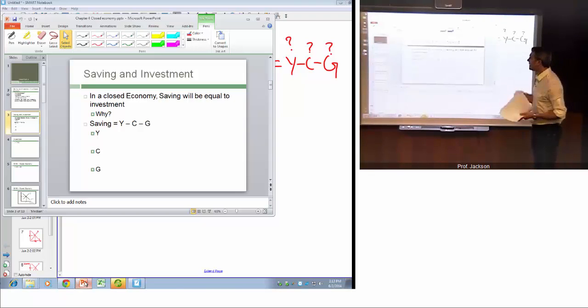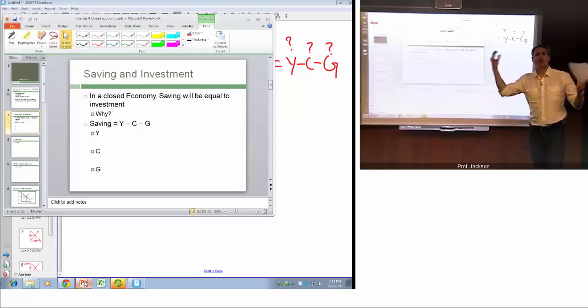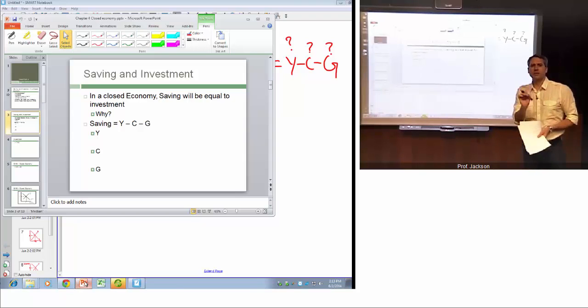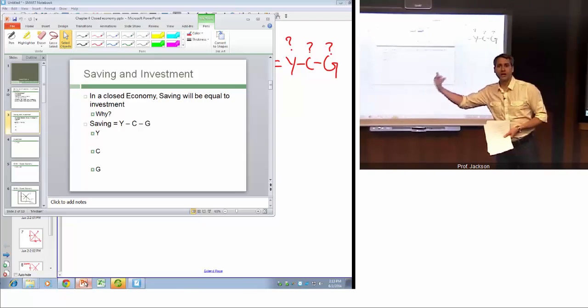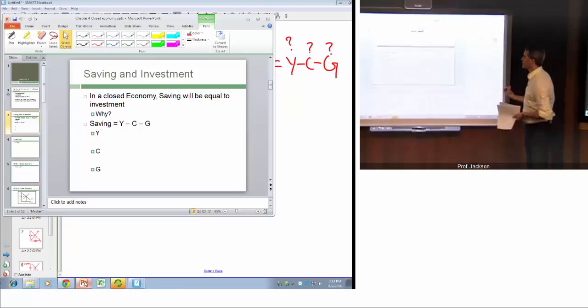So at the end of the day, output is just some predetermined number. It's just fixed. It falls from the sky. Again, fixed doesn't mean it can never change. Fixed here means that it's dependent upon other things that are predetermined and exogenous to the model. So we're not trying to explain output or production in the long run. It's predetermined by these other factors.